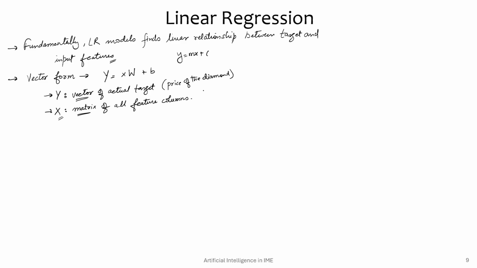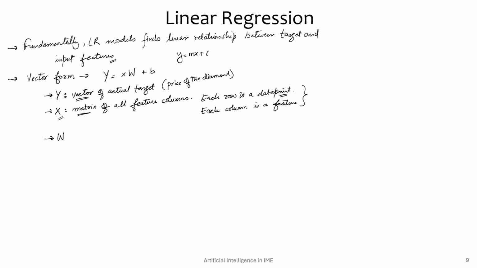So, each row is a data point and each column is a feature, right? Now, with data point, what we mean is that each row in the diamonds data set will give you the information of a particular diamond with particular features, whereas each column is a complete distinct feature in the data set. Okay.